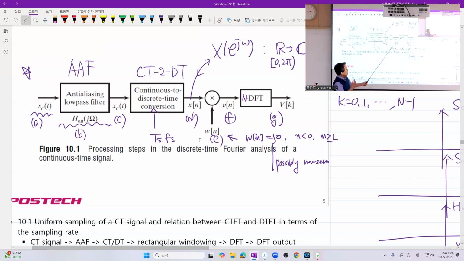Now you pad zeros, so you choose N, for example, 32, 64, 128. So let me give you an example.